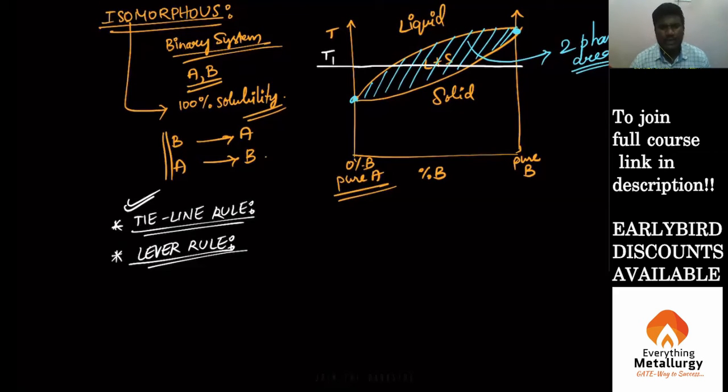This horizontal line intersects my phase diagram at two points, for example P and Q. Also, the line where the two-phase region meets the liquid region, this line as you can see here, is called the liquidus.